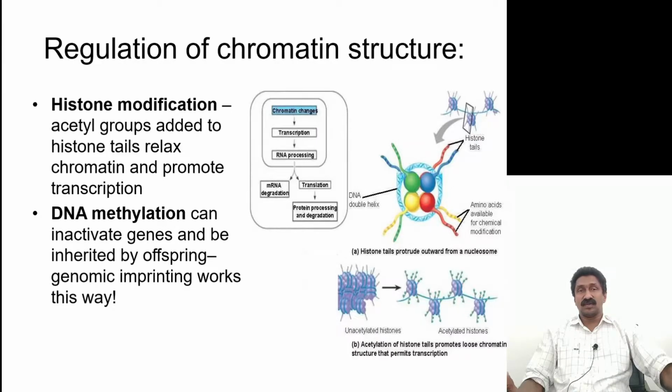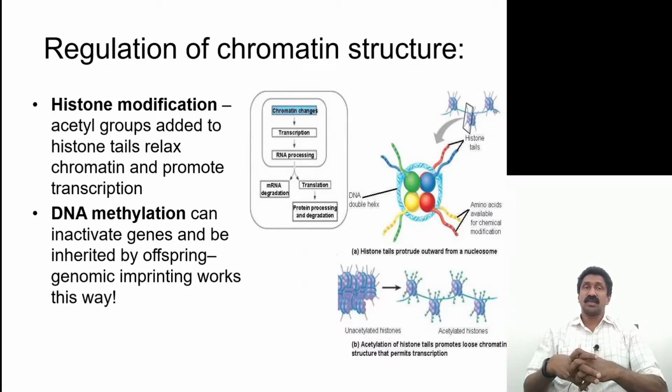Then the DNA double helix is marked here. So these are the amino acids of the histone proteins that are available on the exterior surface for chemical modification. These amino acid tails, or the histone tails, are modified basically by acetylation.